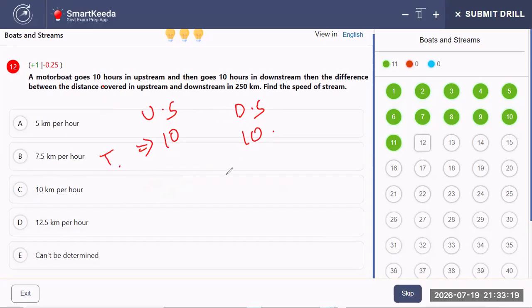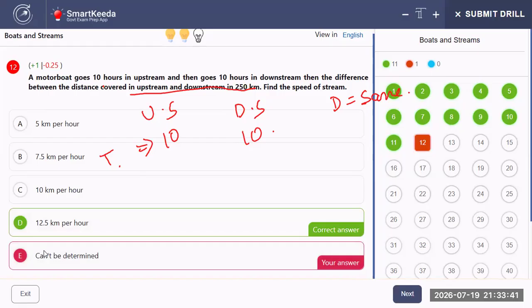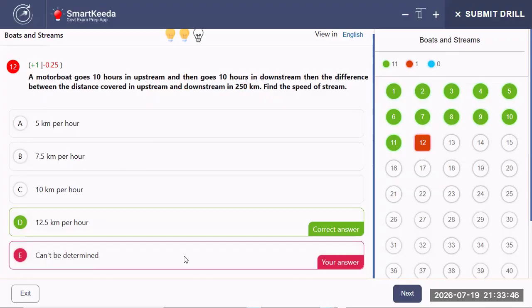So find the speed of the stream. Here we will use the constant one. If the distance is the same, the difference between the distances covered upstream and downstream is 250. A motorboat goes 10 hours upstream and 10 hours downstream.